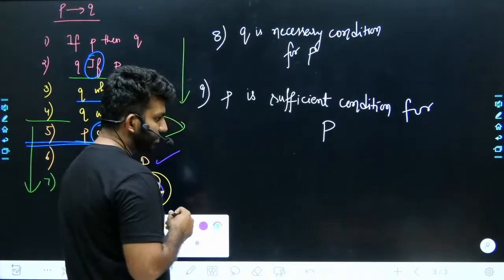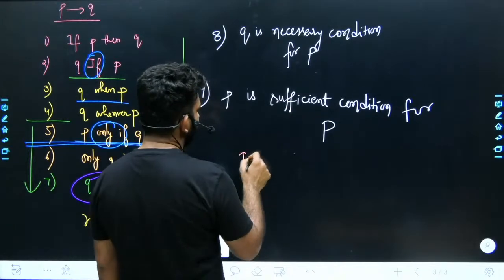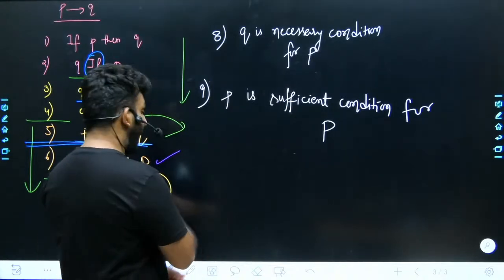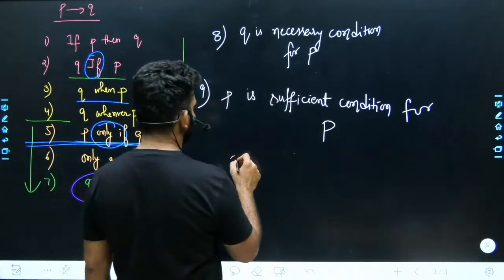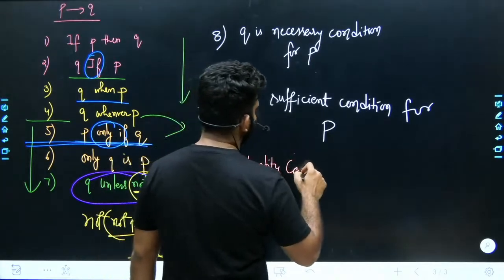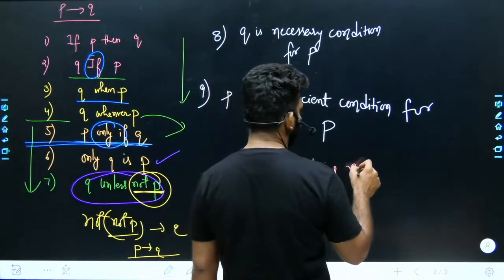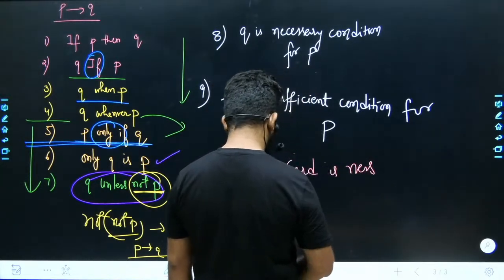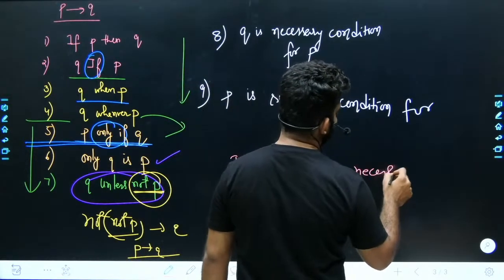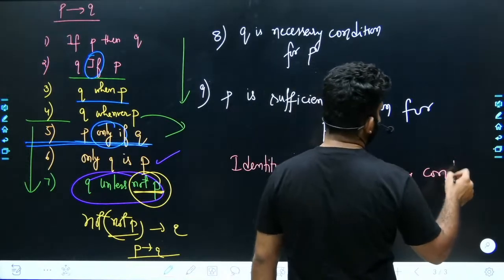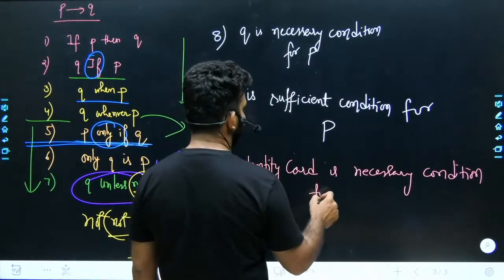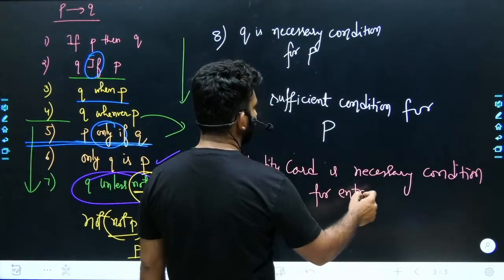For an example, identity card is a necessary condition for admission, or for entry, in an institution.